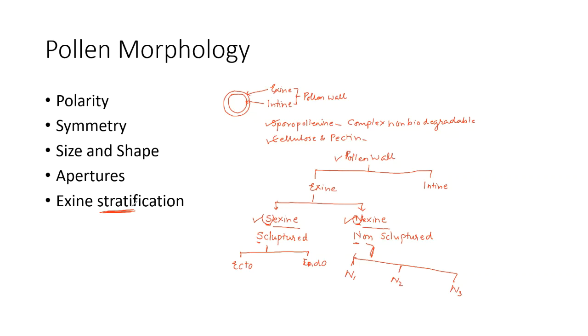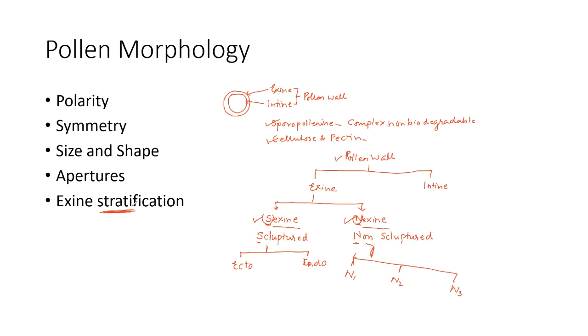In sexine, S stands for sculptured, whereas in nexine, N stands for non-sculptured. Sexine is differentiated into outermost ectosexine, inner one is endosexine. Nexine is further differentiated into nexine 1, nexine 2, and nexine 3. So these are the different strata or layers which are present in the pollen wall.